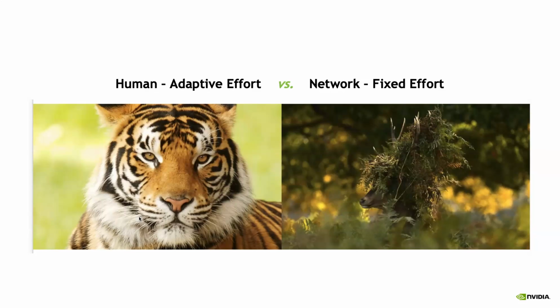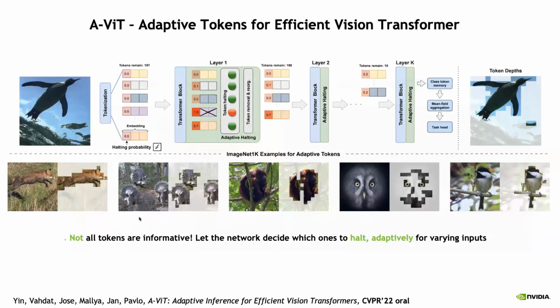But for transformer, it offers us a completely easy situation because, as we look at this paradigm, transformer first cuts images into patches. And the information density or the importance of these patches varies by nature across different images. So how can we adaptively select them?